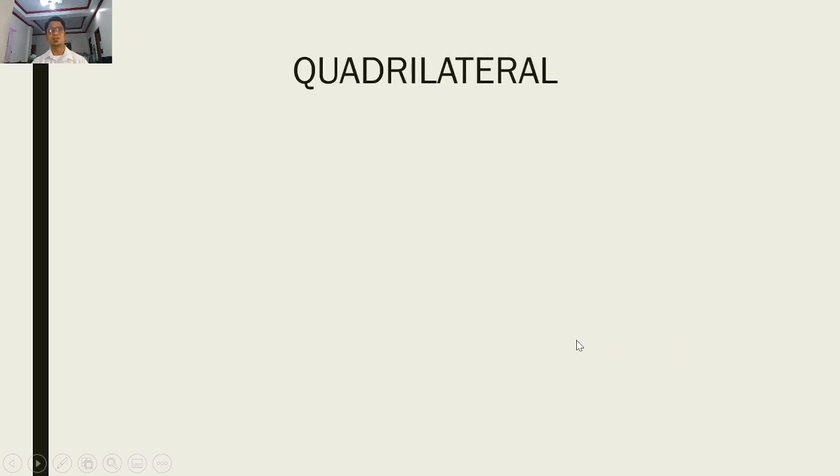So let's start first dun sa ating map. Quadrilateral yan. At under ng quadrilateral, di ba meron tayong tatlo? The parallelogram, the trapezoid, and also kite. But for this lesson, we will be focusing on parallelogram.